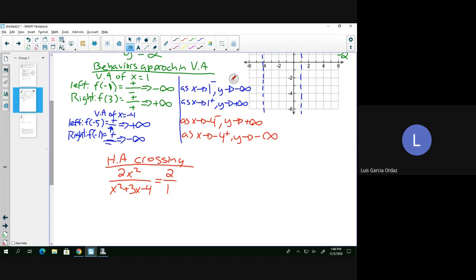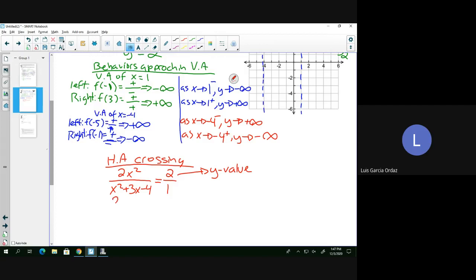Okay, so this 2/1 is going to be our y value, okay? Because we're figuring out if it crosses at a certain x value.